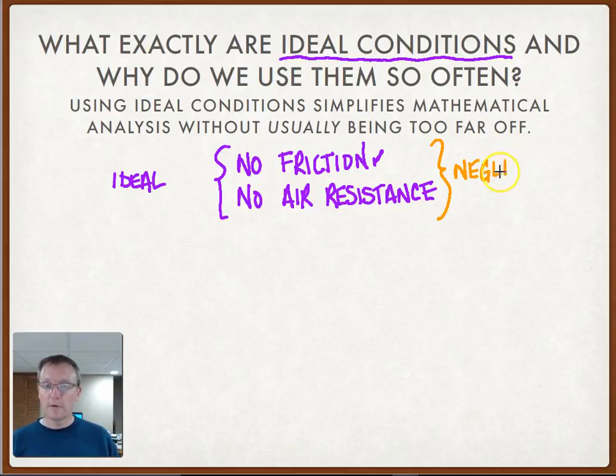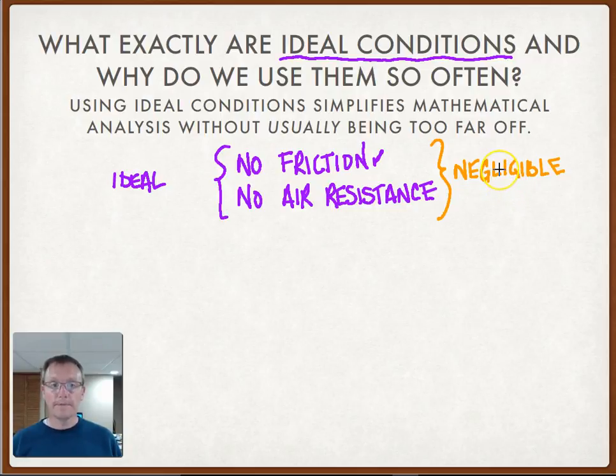So I want to bring this up to you. Negligible. Boy, I hope I spelled that right. There we go. Negligible. So friction is negligible and air resistance is negligible. What do I mean by that? I mean that their effects are so small that we can safely ignore them and still get a very accurate answer for our measurements.